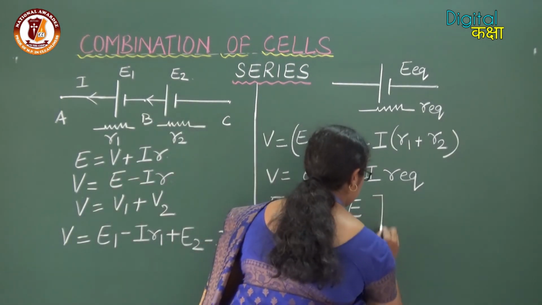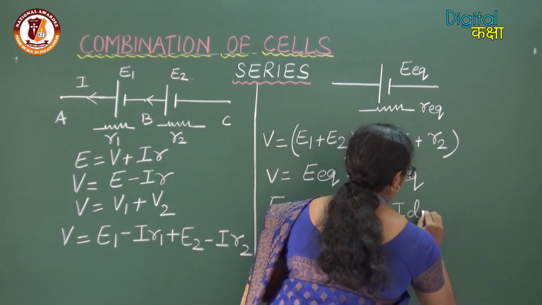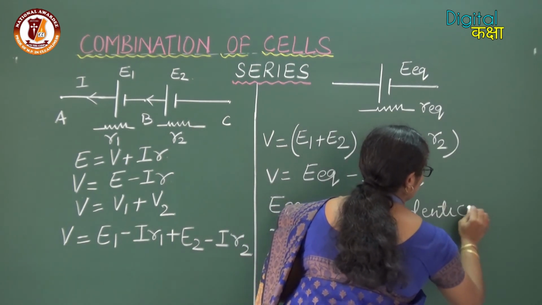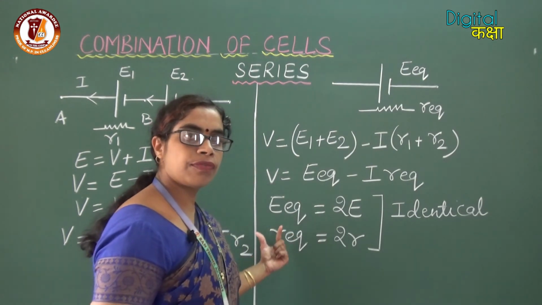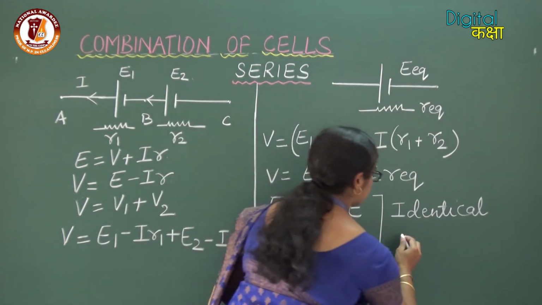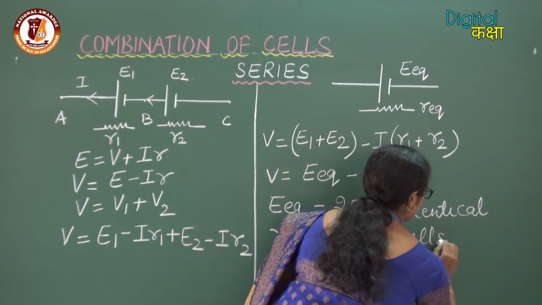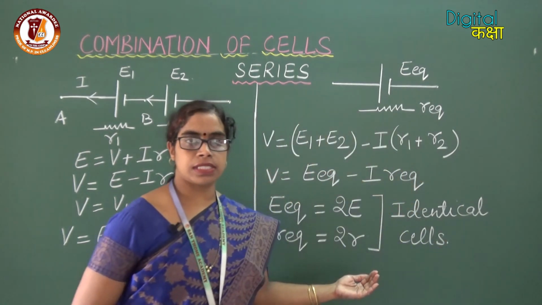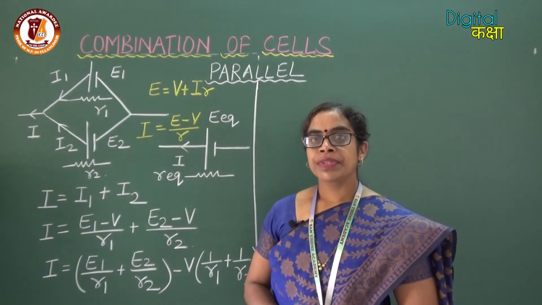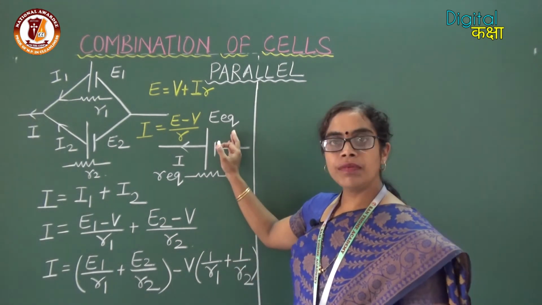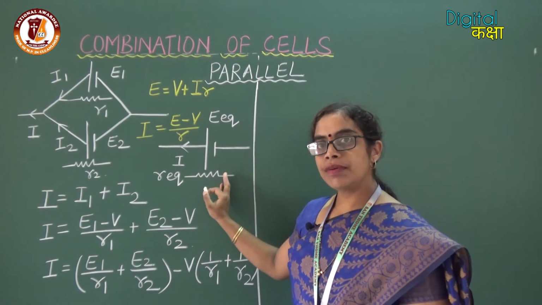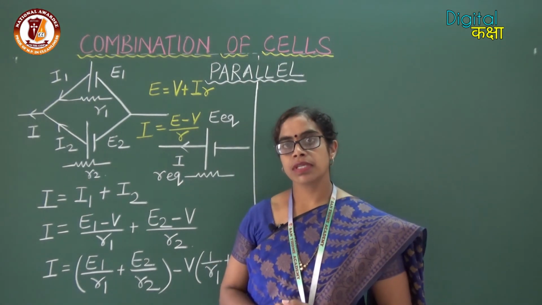So this is the formula for equivalent EMF and equivalent internal resistance for identical cells.